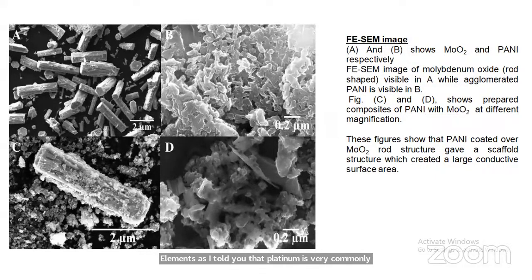So we are trying to use other alternatives, other metal oxides or other metals, and somehow get the same efficiency in terms of oxygen reduction potential at the cathode. But I have not included the results because the studies are under process and we are yet to receive the conclusive findings.